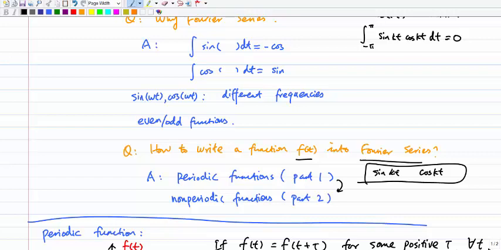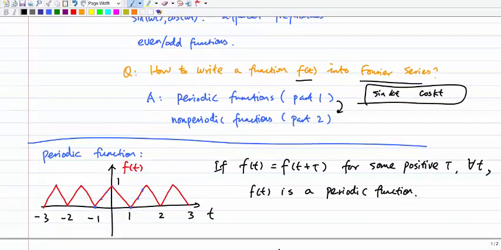This picture shows a given function f(t) at different times, assuming this pattern will continue, which means the same pattern keeps going on both the negative and positive sides. A periodic function typically has this property, given by f(t) = f(t + T).